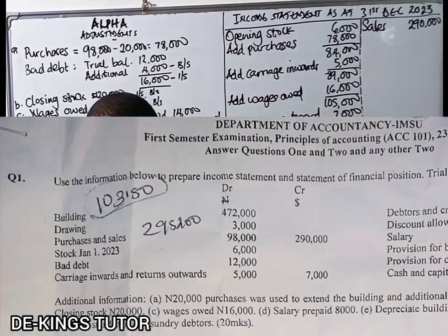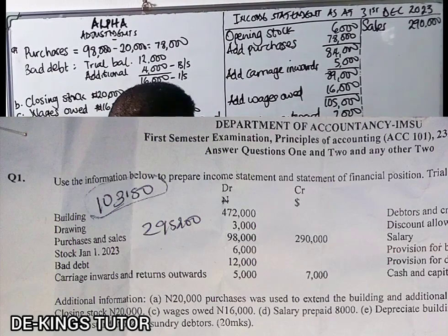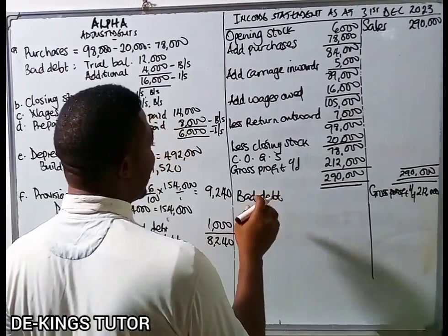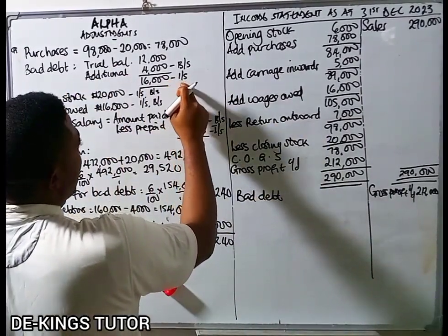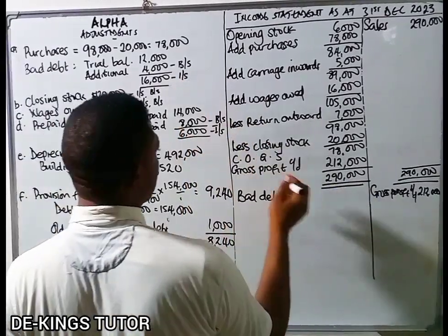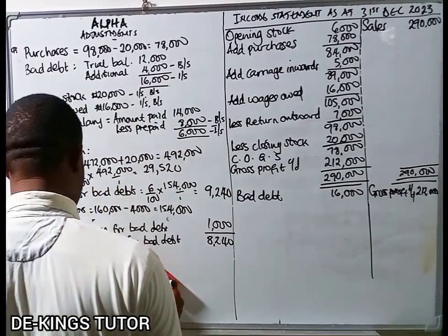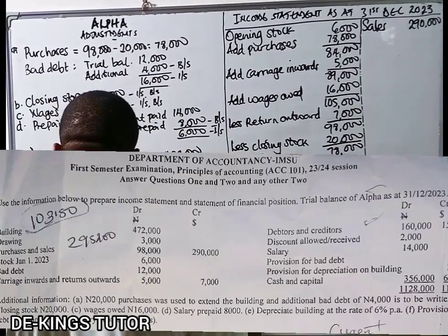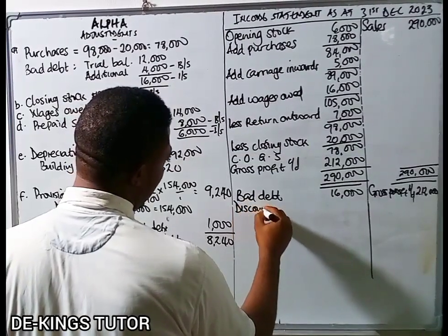So let's start from the trial balance. The first expense there is bad debt. As we are writing it, let's check if there is an adjustment. Bad debt is the amount that comes to the income statement. We did an adjustment, so 16,000 is what comes there. The next one is discount allowed.